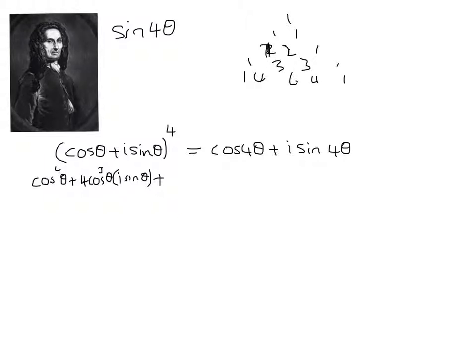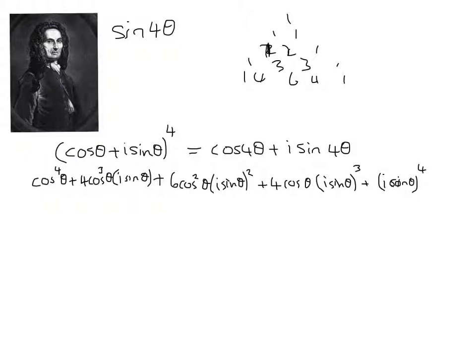So 6 of these, and then 4 of these, and then 1 of these, i sine theta to the 4.